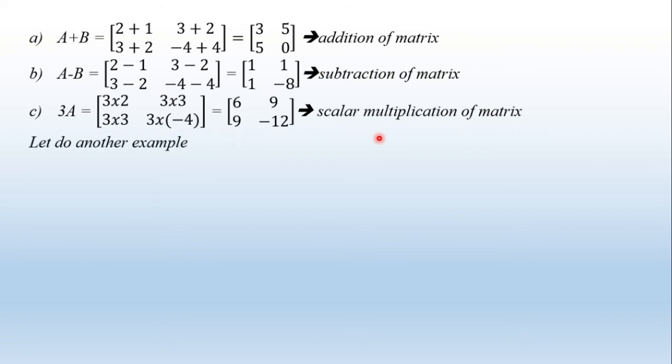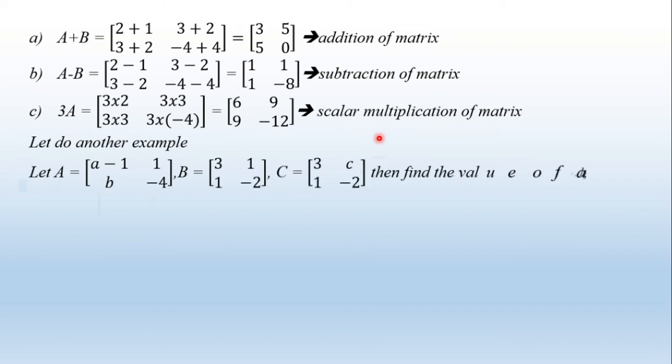Let's do an example. Let A equal a, minus 1, b, 1, minus 4. Whereas matrix B equals 3, 1, 1, minus 2. And another matrix C equals 3, c, 1, minus 2.